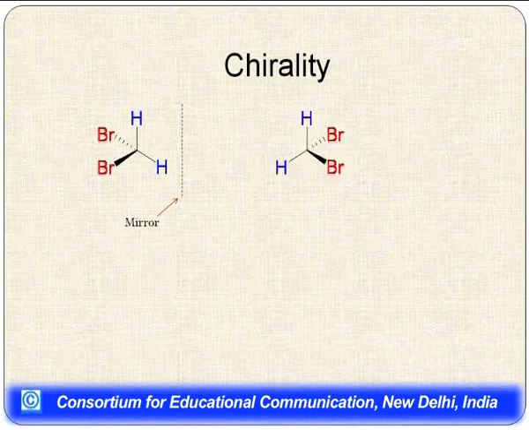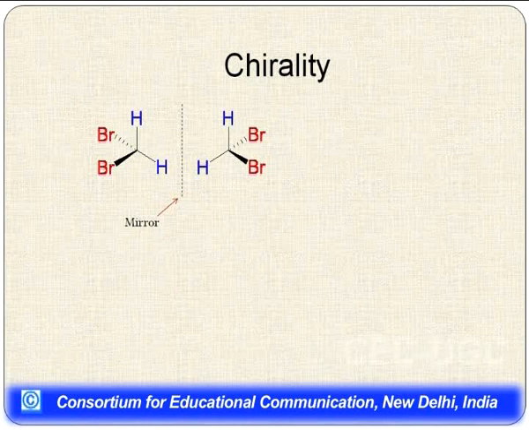So, I would again take you to the slide which says that symmetry comes when you can divide the molecule into two equal halves. I have taken one example here, like we did dichloromethane, in this case dibromomethane. Dibromomethane has a plane of symmetry.